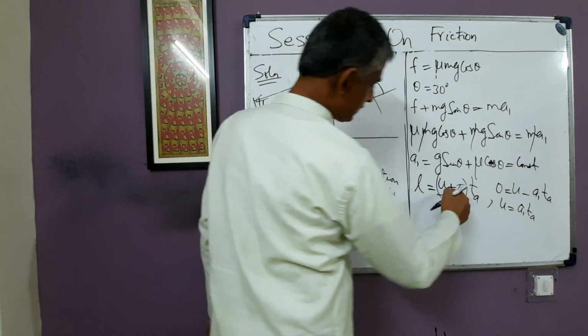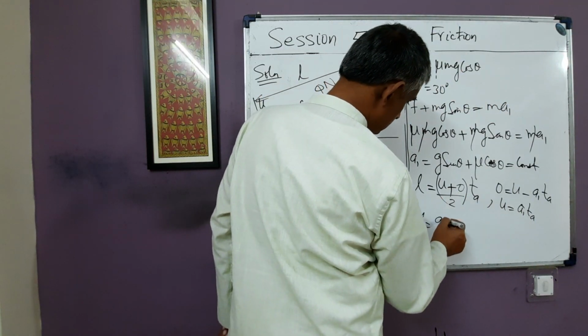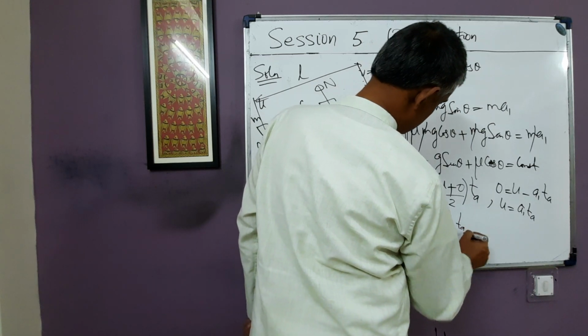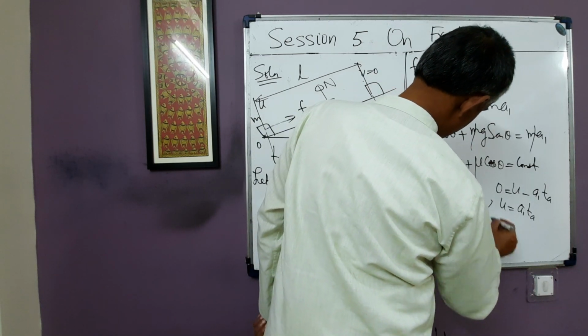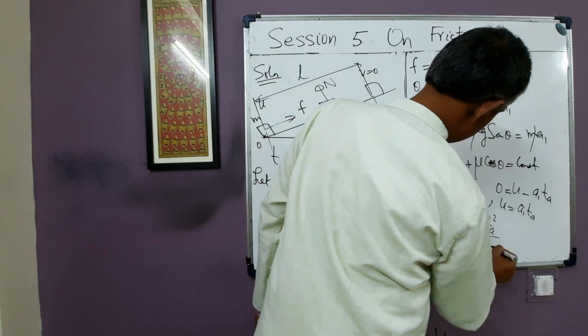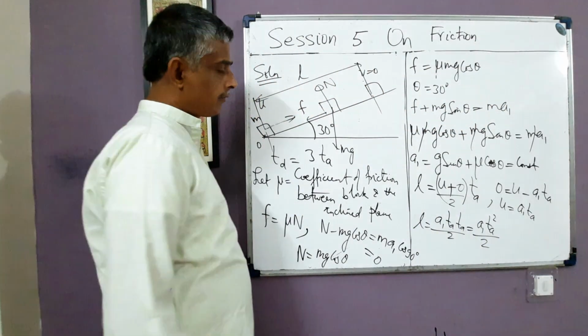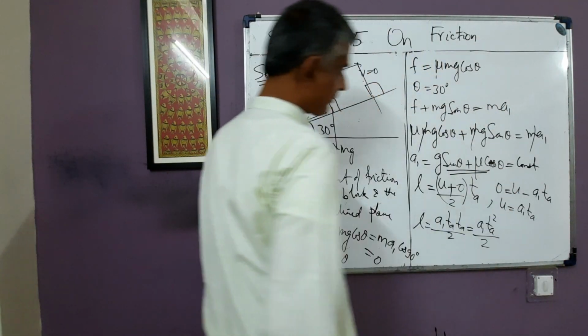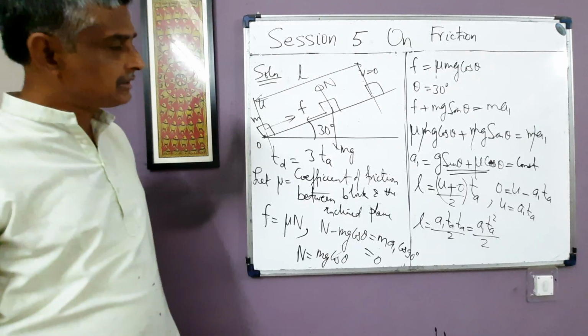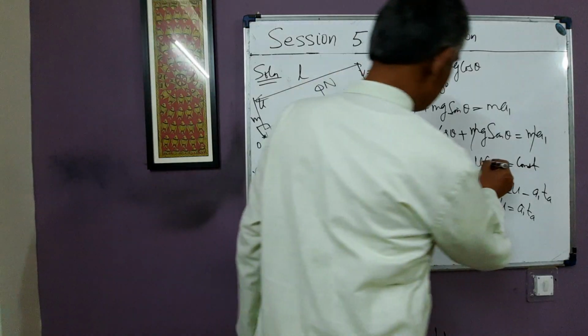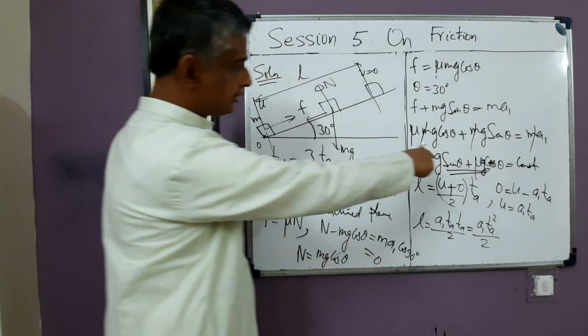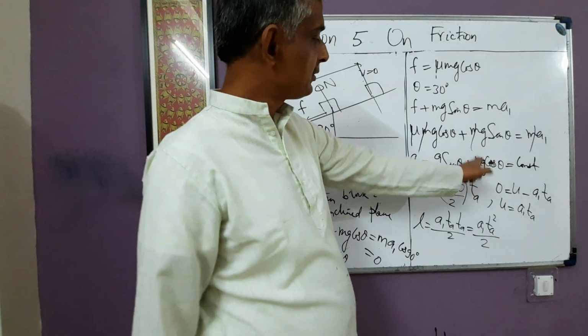Now substitute this u in this equation. It becomes a1 ta into ta by 2, a1 ta square by 2, where a1 denotes this quantity. a1 is equal to g sin theta plus mu g cos theta. Here I missed out the g by careless mistake, so I put that g here.